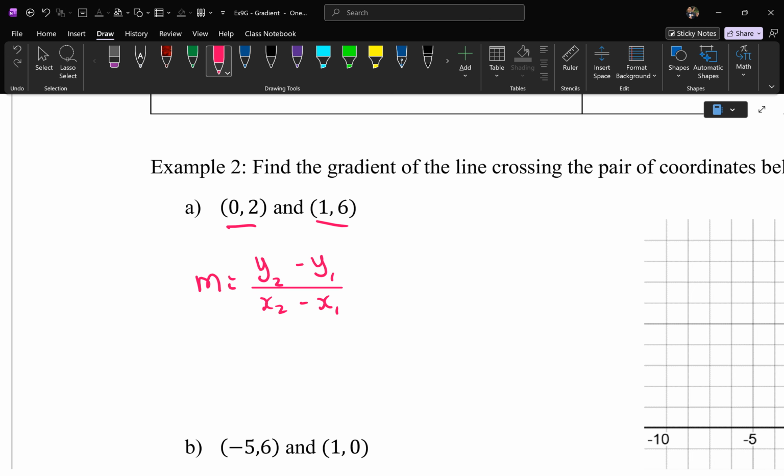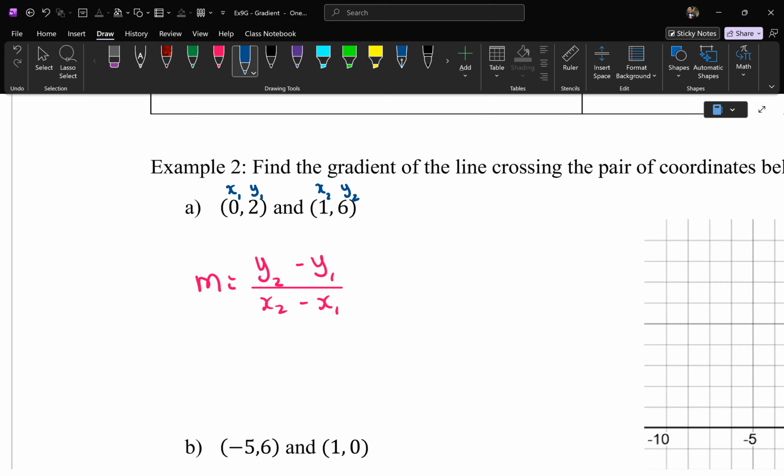Now, you might be wondering, what is this y2, y1, x2, x1? It represents the x coordinate of the first point, so we call it x1, and this is the y coordinate of the first point. Whereas the second one, we call it x2 because it's the x coordinate of the second point, and this is y2 because it's the y coordinate of the second point.